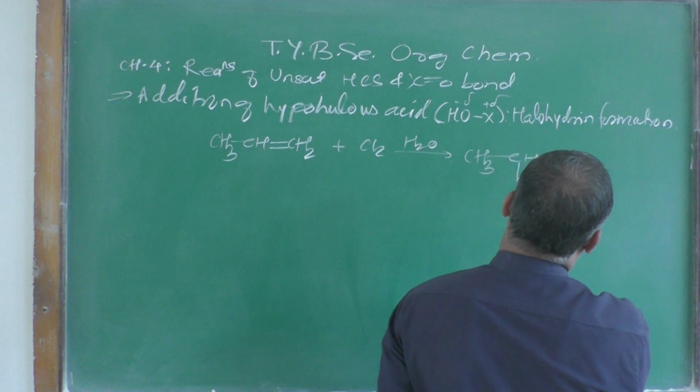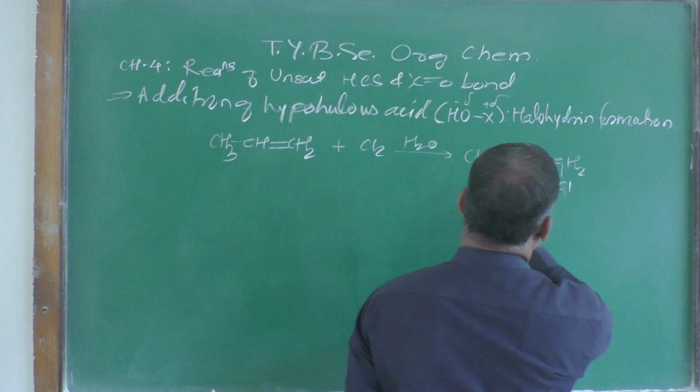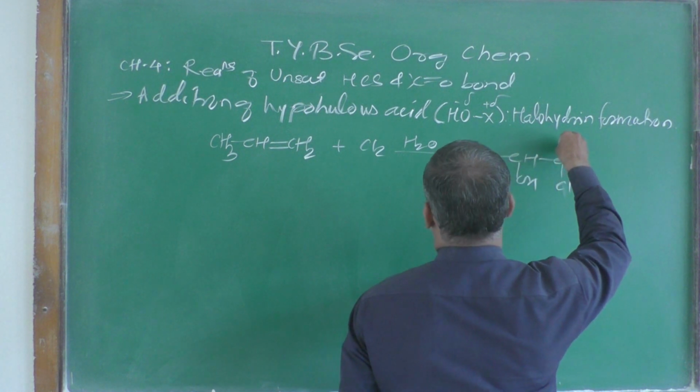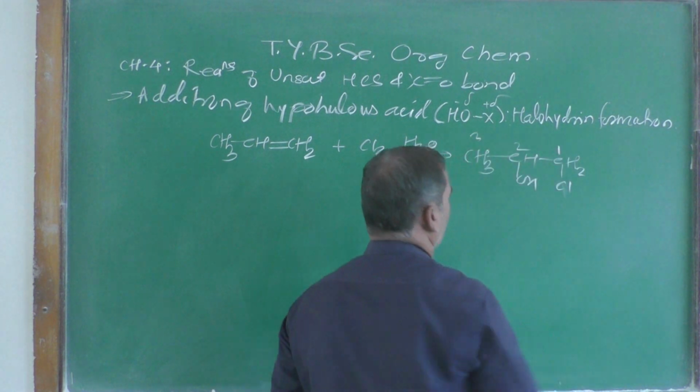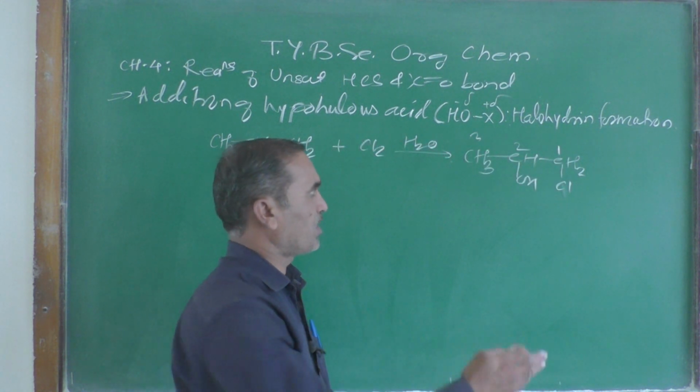Look here at the IUPAC name of this compound. Give the number from the right hand side, 1 2 3, right? There are 3 carbon atoms in the straight chain.